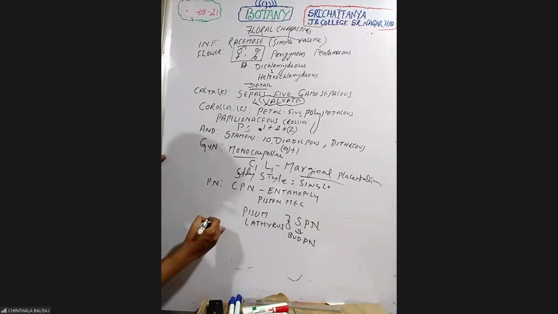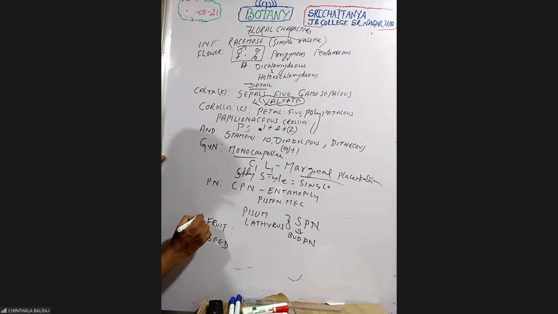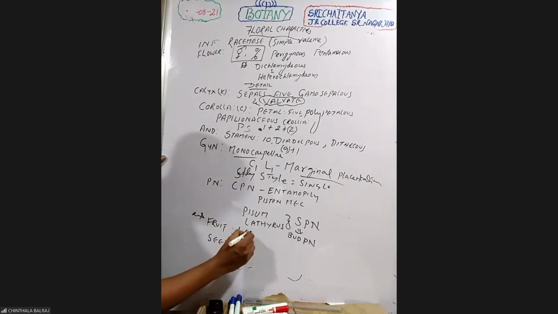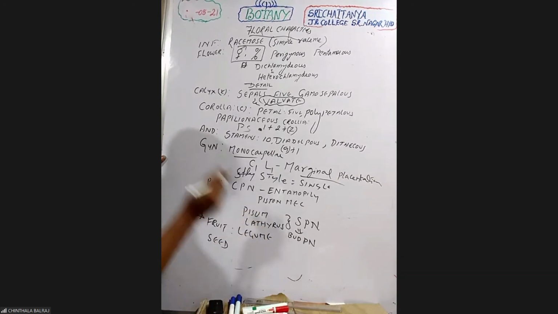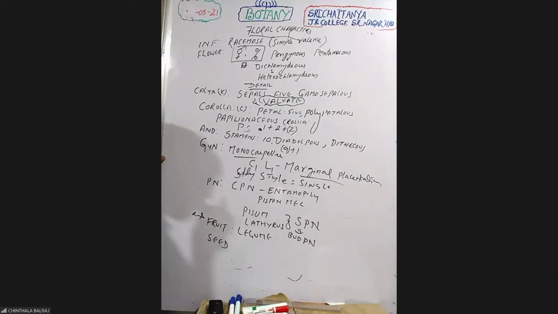Pollination leads to fertilization, no? Fertilization products are fruit and seed. Which type of fruit? Legume. That's why this is included in the family Leguminosae. Seeds: how many?